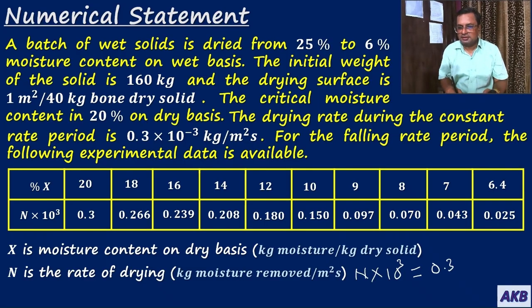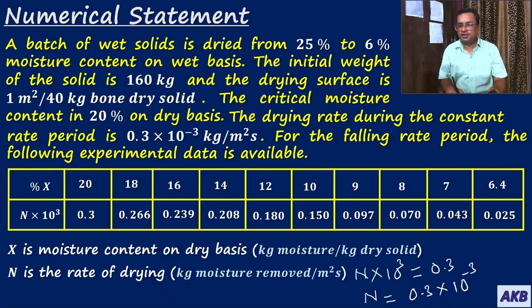That is nothing but N equal to 0.3 into 10 to the power minus 3 kg moisture removed per meter square per second. So you need to understand this. That is, N is equal to 0.3 into 10 to the power minus 3, 0.266 into 10 to the power minus 3, 0.239 into 10 to the power minus 3. In this way, you have different values of N that are given to us.